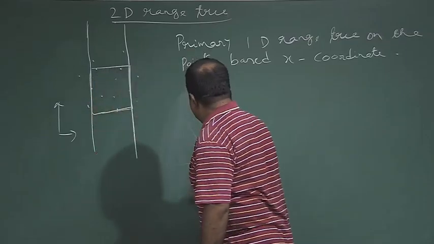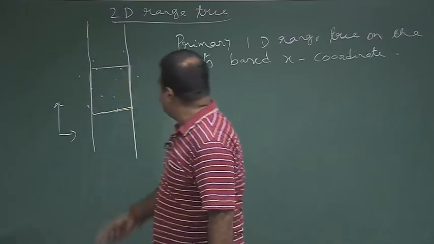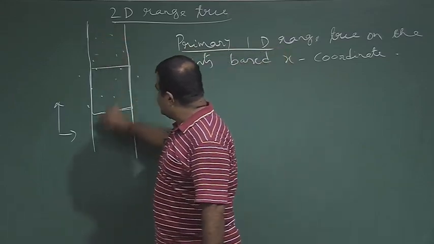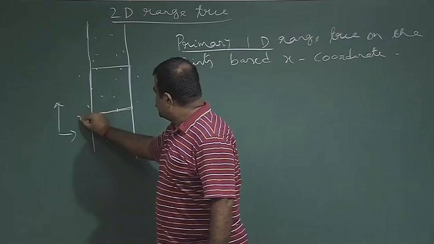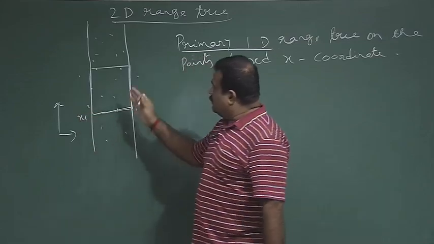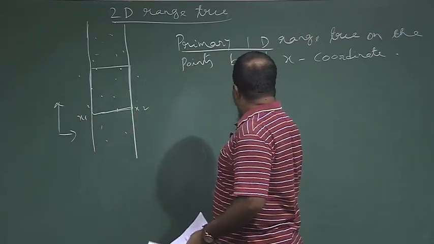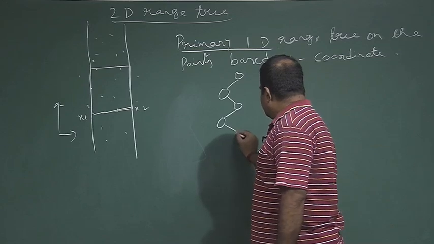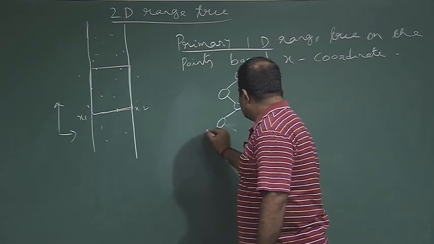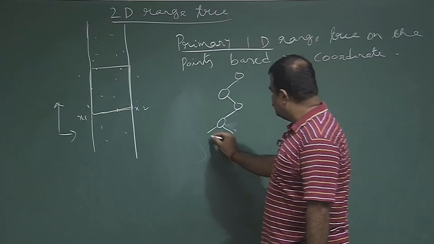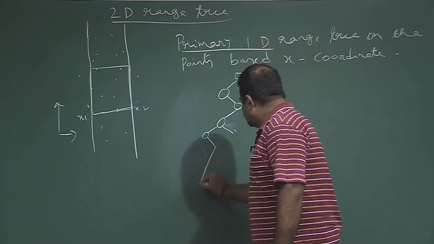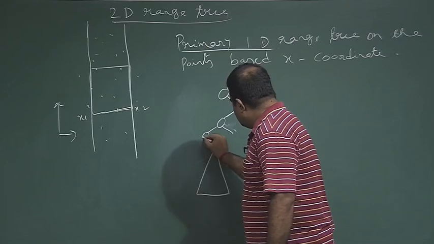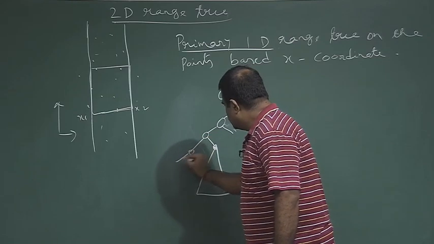So, first if we search in this primary range tree, we will get all the points that lie between this strip, this is x1, this is x2. Now, if we do the range search, we go like this, and suppose this is the split node. From here suppose we print this node, then we go this side, then go here.